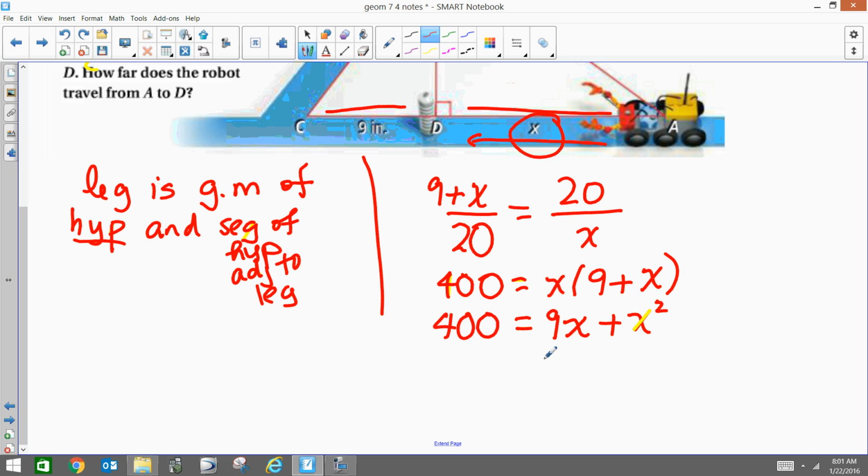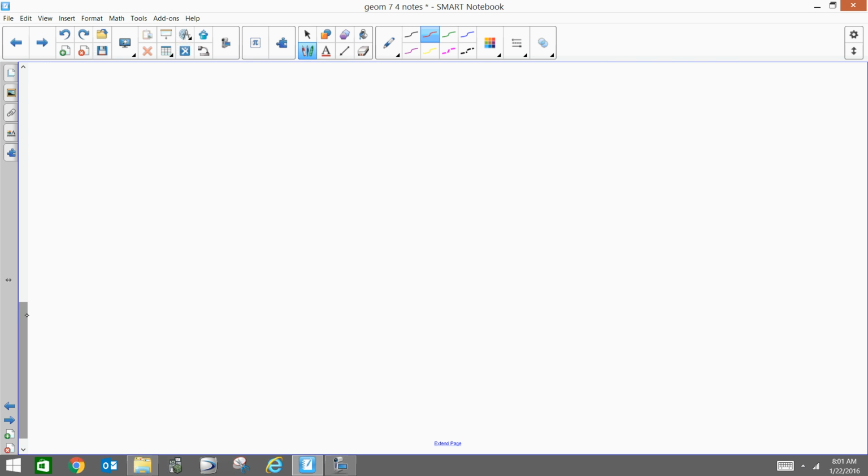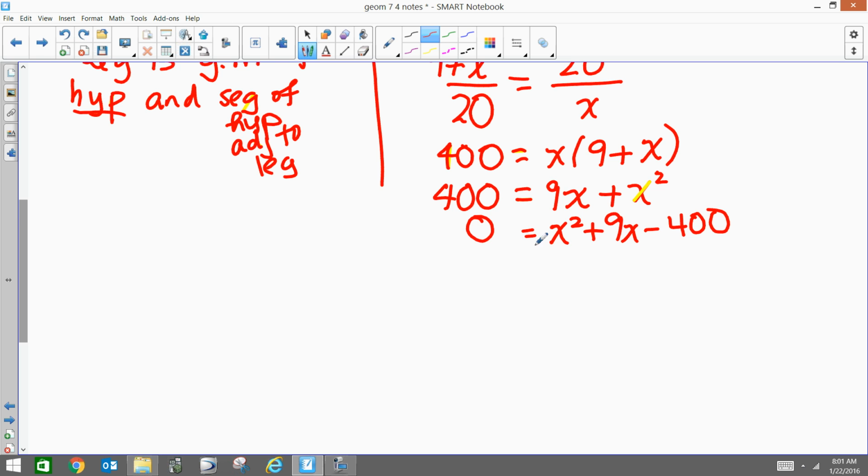This is a quadratic with this x squared, so I'm going to pull everything over here because I want my 0, so I have to subtract 400. Now you can do the quadratic formula if you don't know the factors, but I happen to know that it's x plus 25 and x minus 16.